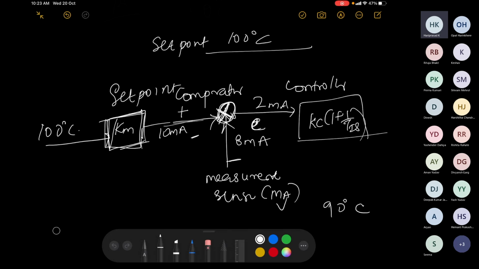If you write 100 here, technically it doesn't make any sense, because your overall system is operating in signals, which are either between 4 to 20 milliamperes or 1 to 5 volts, until your actuator.